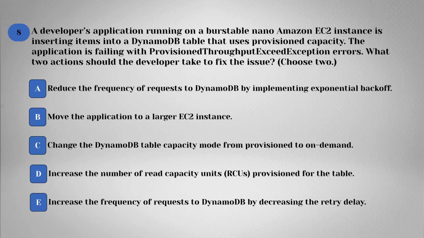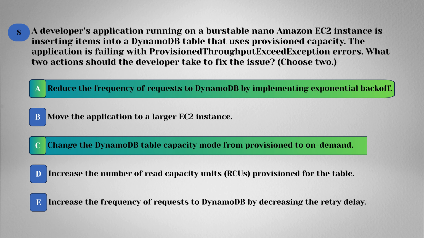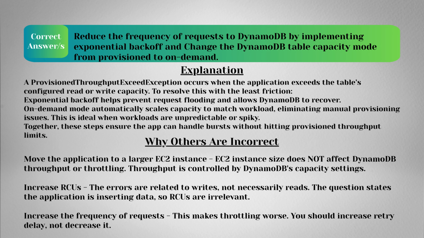Correct answers: reduce the frequency of requests to DynamoDB by implementing exponential backoff, and change the DynamoDB table capacity mode from provisioned to on-demand. Explanation: a ProvisionedThroughputExceededException occurs when the application exceeds the table's configured read or write capacity.